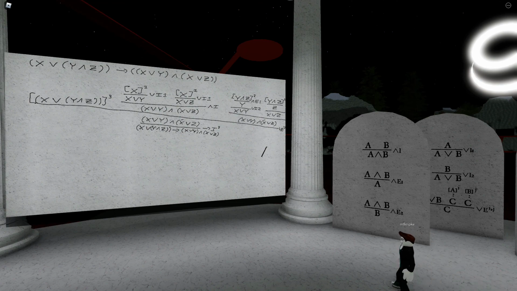So for example, the and introduction rule, looking at this tablet over here, has A and B above the line and A and B below the line, and it's labeled with this and introduction rule. For this particular rule, we could have not written the label, and there's only one rule that looks like this, so you could identify it.